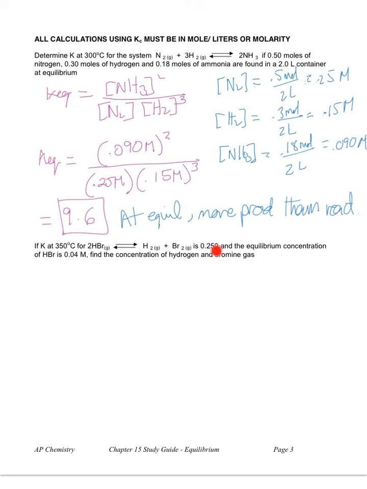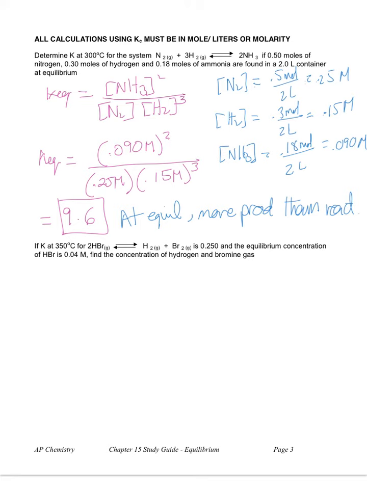So they're giving us what the equilibrium constant is. This is a number lower than 1, so that tells us there are more reactants than there are products at equilibrium. Anyway, they give us K, and they give us the equilibrium concentration for HBr is 0.04 molar. We want to find the concentration of hydrogen and bromine gases at equilibrium.